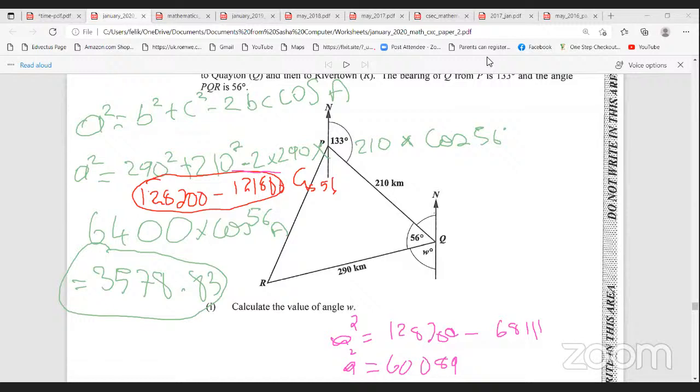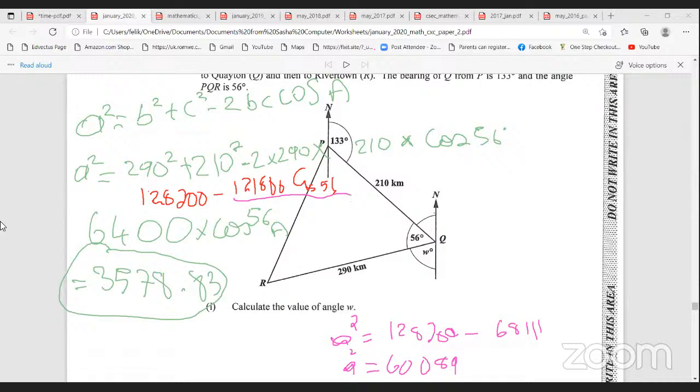What I did, let me remove one of those lines so I can actually show you, was this part here first, because I cannot minus before multiplying, because 121,800 is multiplying 56.